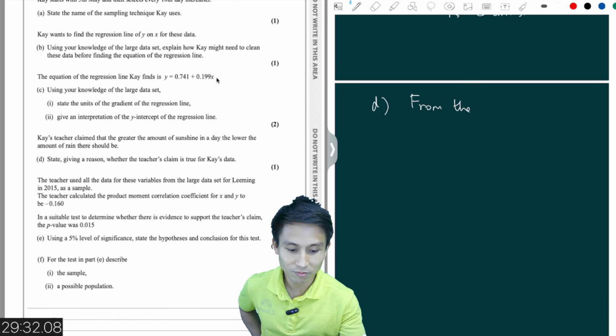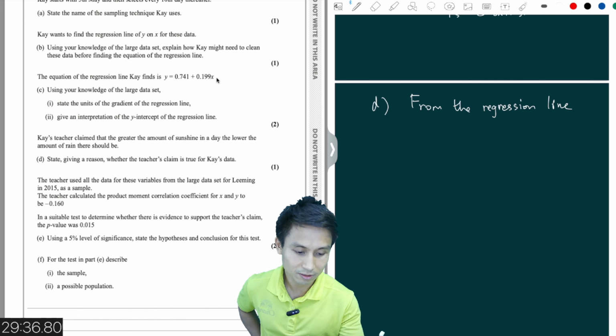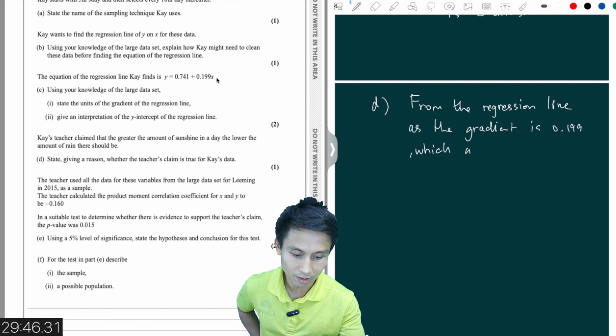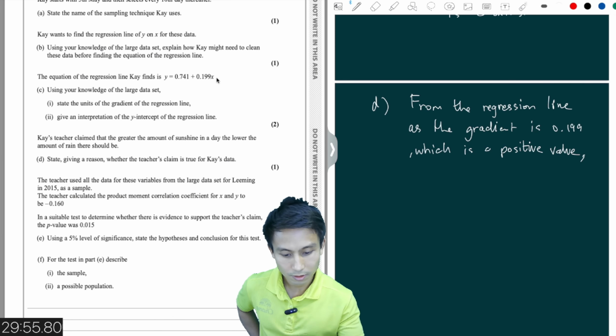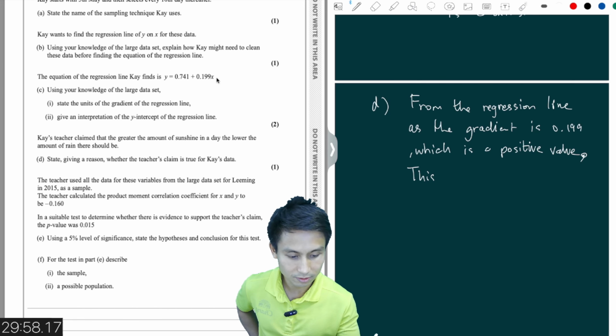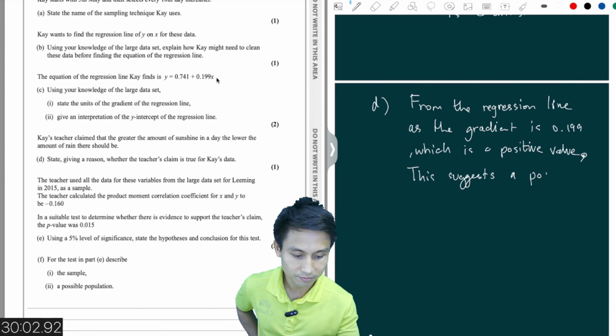So we're going to answer from the regression line: as the gradient is 0.199, which is a positive value, this suggests a positive correlation.